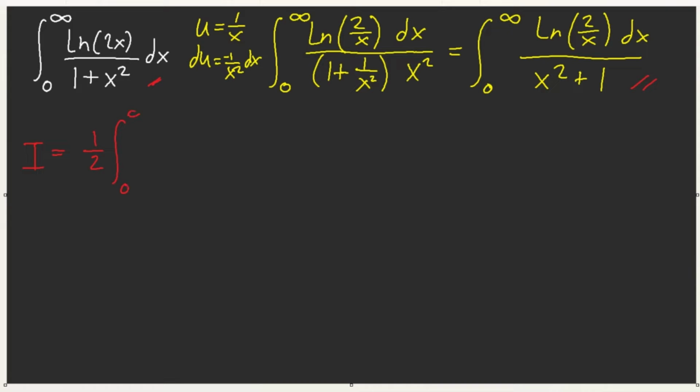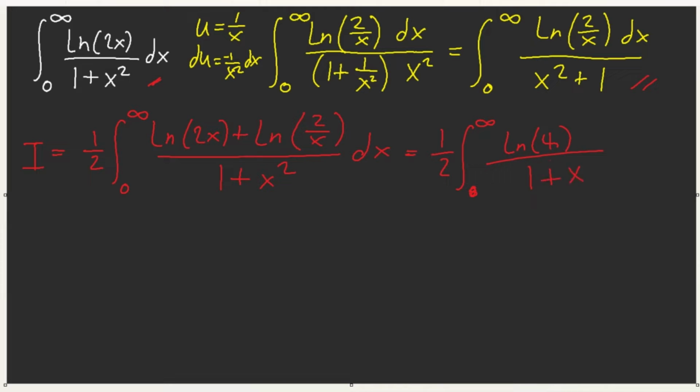Okay? And now you can already see, add this and add this, then from 0 to infinity, we get ln of 2x plus ln of 2 over x. And now, when you add these two, by log rules, 2x times 2 over x gives us ln of 4. So we end up getting ln of 4 over 1 plus x squared dx.